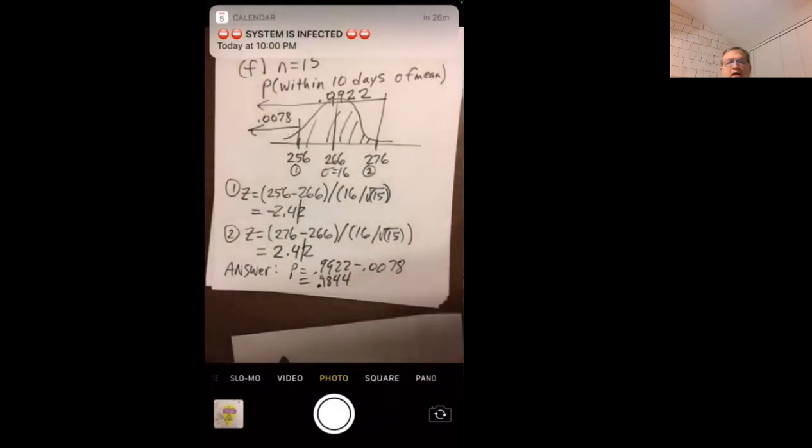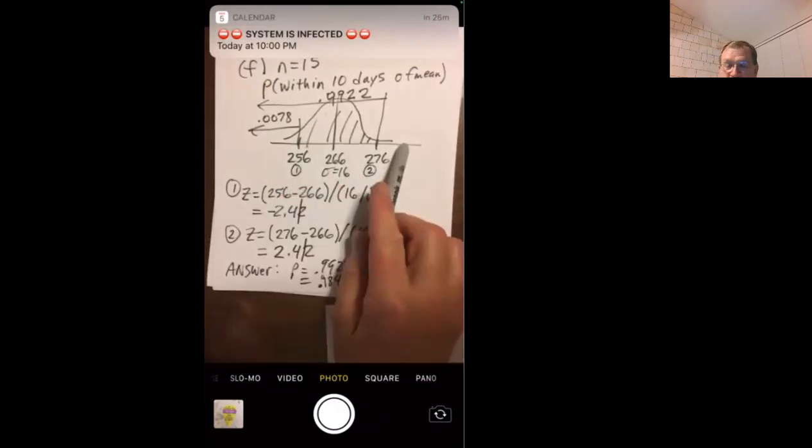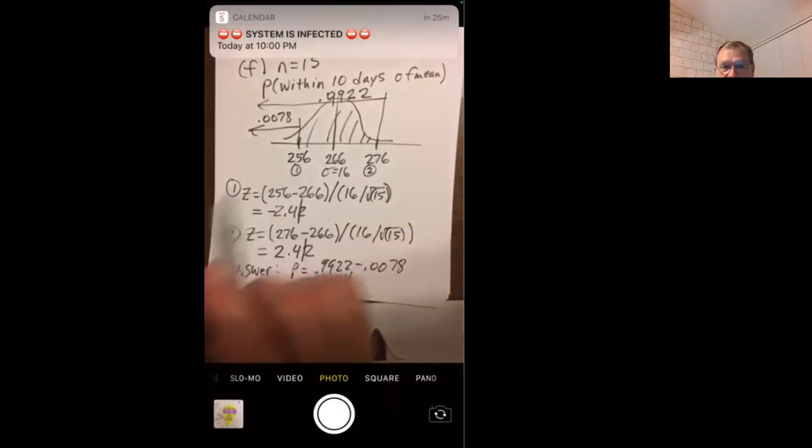Yeah, 98% of pregnancies are within 10 days of that mean. So if you got one that lasted longer, that baby really doesn't want to come. And if you got one shorter, then you've got a preemie.